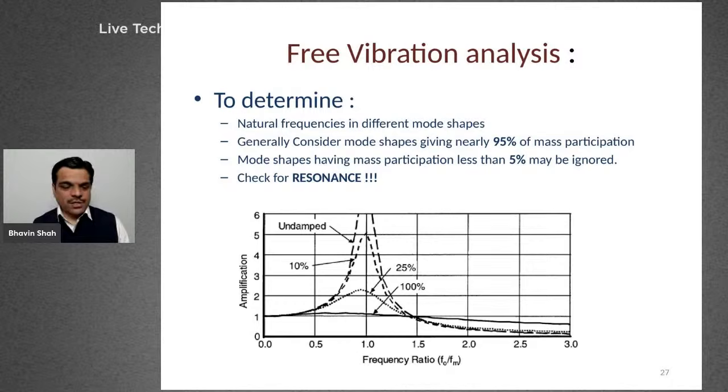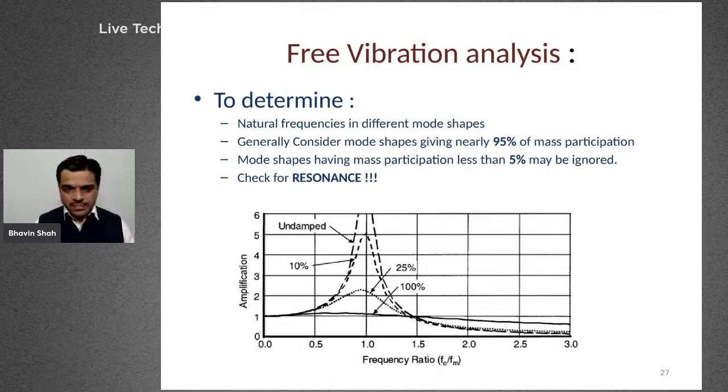Because see what will happen, interestingly, whenever we get into the mode shapes, the higher mode shapes will have the higher frequencies. Now, as we go down, the frequency values will increase, and it is possible that in a certain higher mode, it is getting very close to the operating frequency. But at that time, as and when we go down, the mass participation is decreasing.